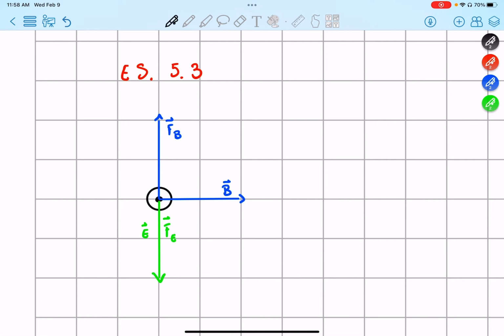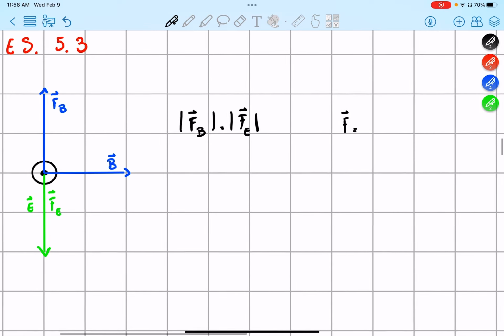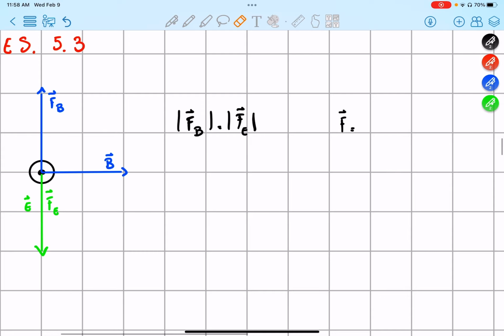Okay, so now we know that the magnitude of the magnetic force and the electric force have to be the same. Well, the magnetic force is going to be equal to the charge of the particle times the velocity crossed with the magnetic field.